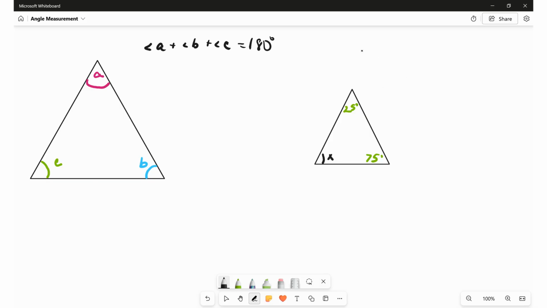Okay. So we know that 25 plus 75 plus x has to equal 180. Well, when we start to work this through, we have 100 plus x is equal to 180, which means that x has to be 80 degrees.